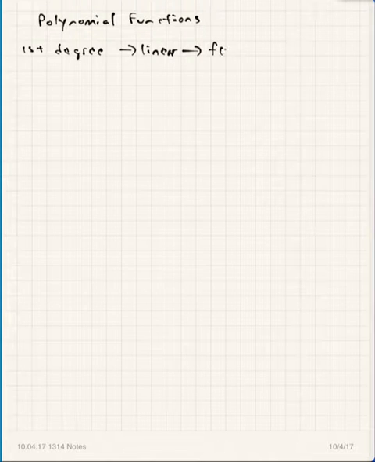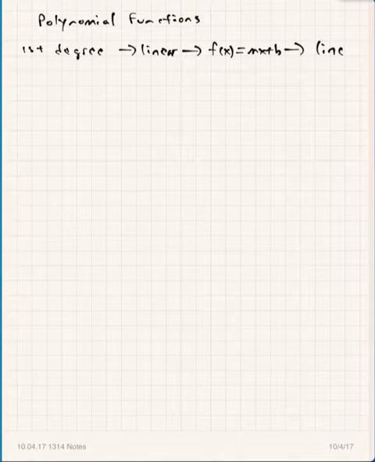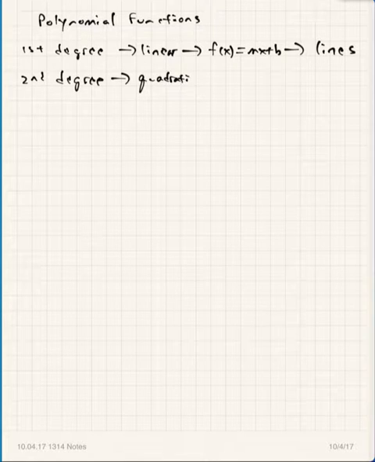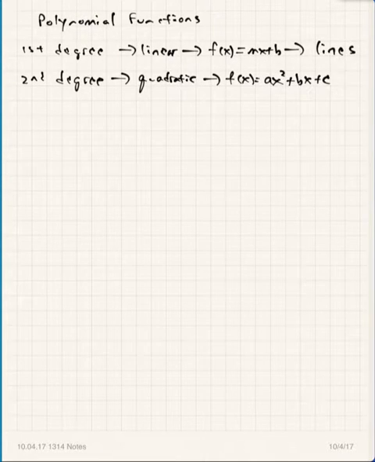And they're functions in this form, f of x equals mx plus b, and their graphs are lines. Second degree polynomial functions are called quadratic functions. Those are functions that, their general form is ax squared plus bx plus c. And those graphs are parabolas, which either open up or down.